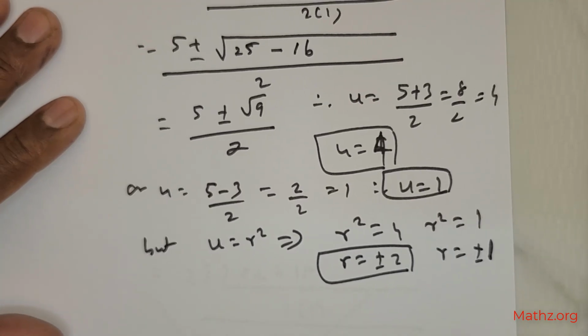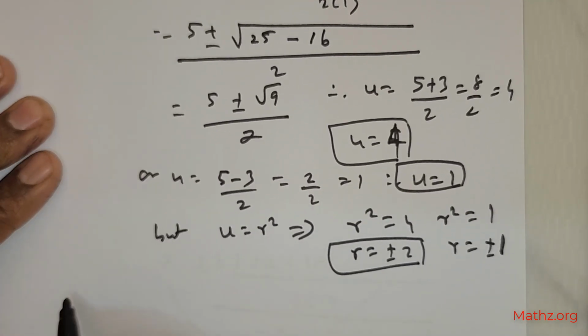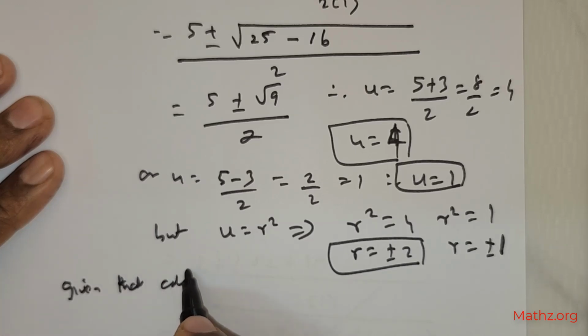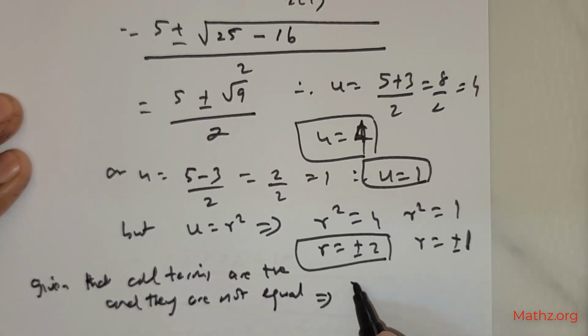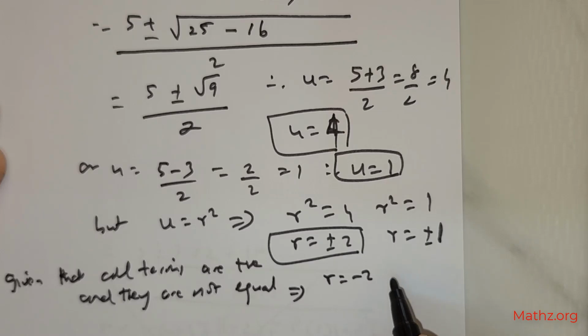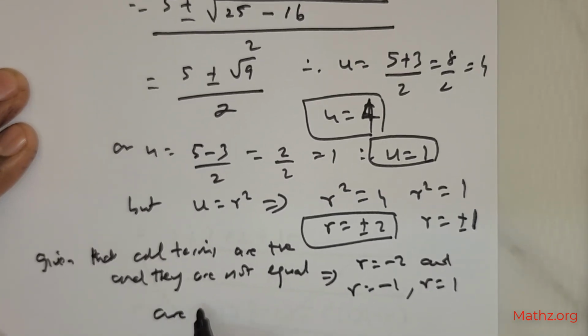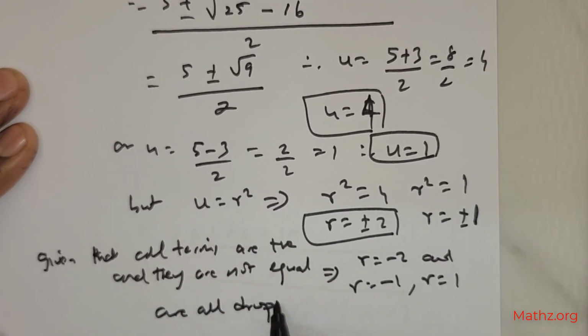Okay, so let me show you the question. I'm writing the question, given that all terms are positive and they are not equal. So this means R is equal to negative 2 and R is equal to negative 1 are dropped, because negative cannot be there.